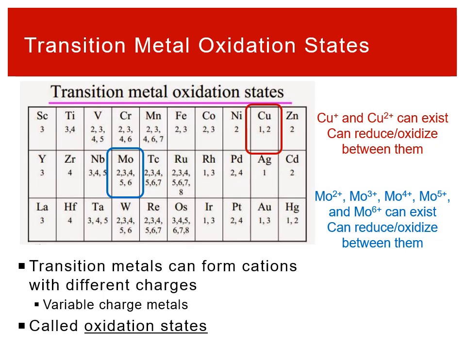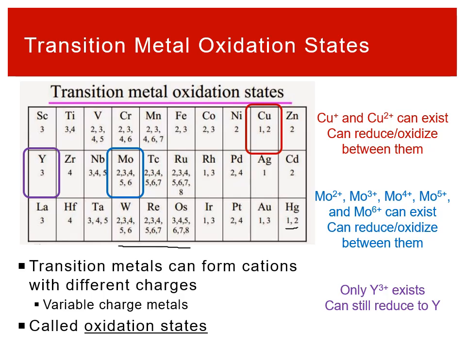These options are called the oxidation states. It's a reference to the oxidation number that that metal atom has in those particular ions. You'll see that for the middle of the transition metal block there are a lot of possible oxidation states, but even most of these transition metals can at least change between two possibilities.